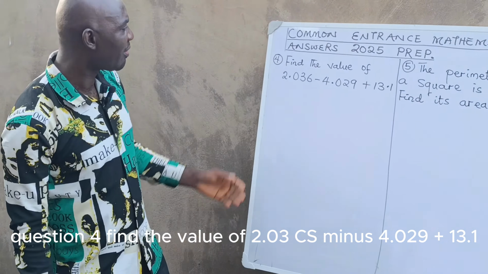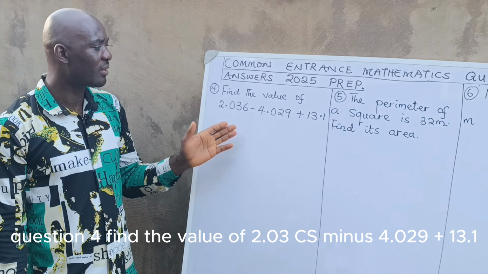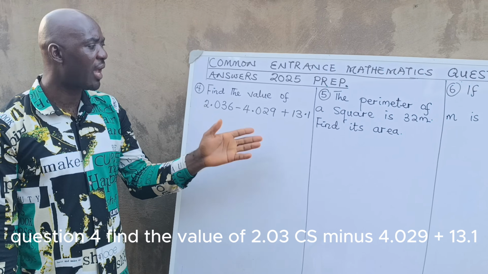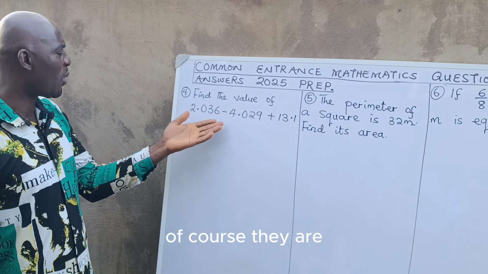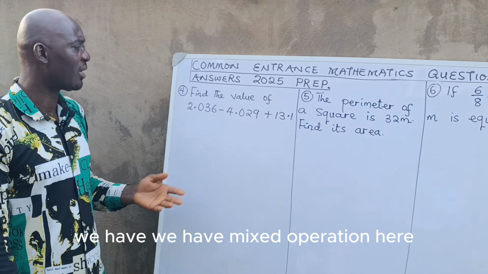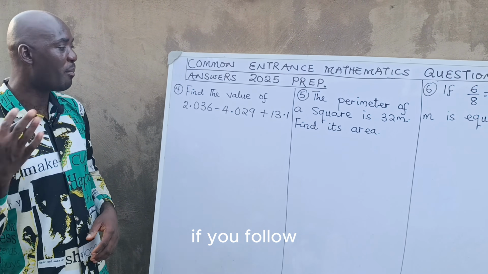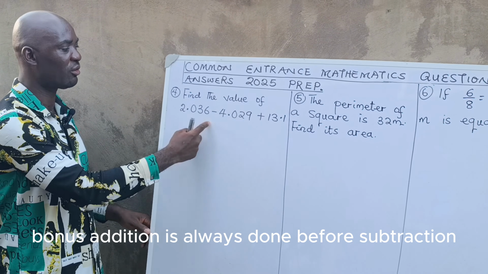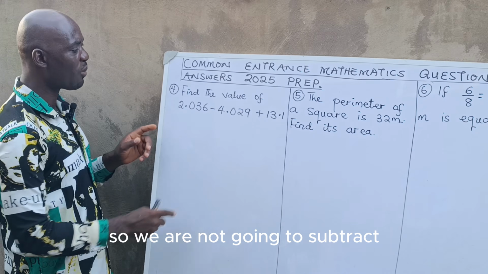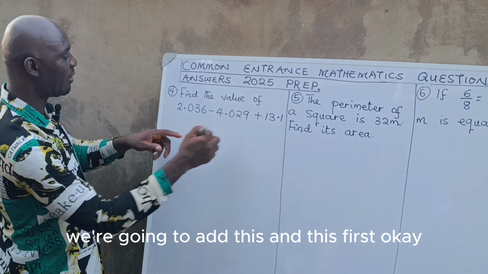Question 4. Find the value of 2.036 minus 4.029 plus 13.1. Of course, we have mixed operation here, and according to the order of operation, if you follow BODMAS, addition is always done before subtraction. So we are not going to subtract. We are going to add this and this first. Okay?